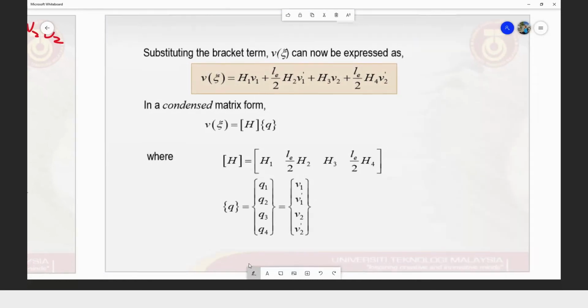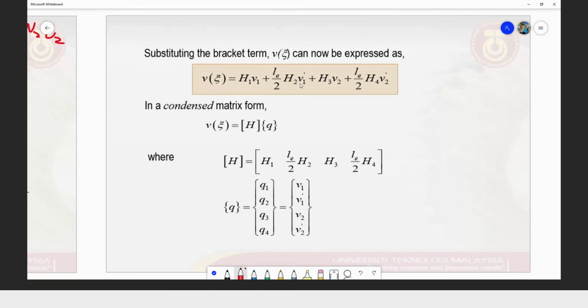Tadi kita nampak dV over dz kan. Actually that dV over dz tu, then bila kita solvekan dia sikit, apply the chain rule, then kita akan dapat the terms the V prime as what we have in this slide here.